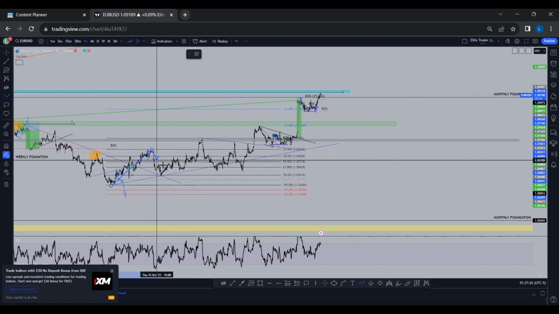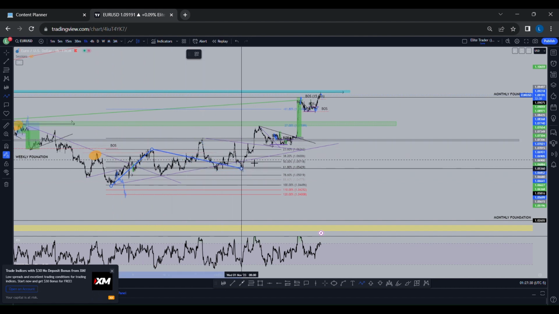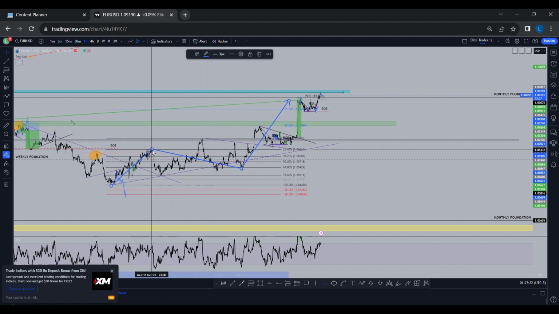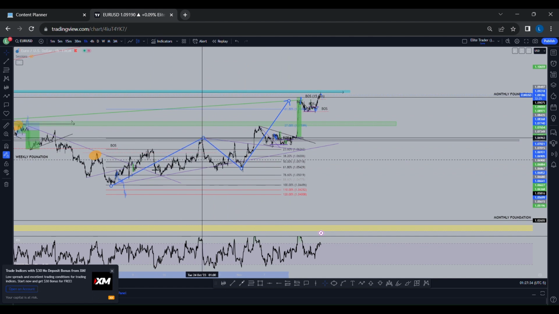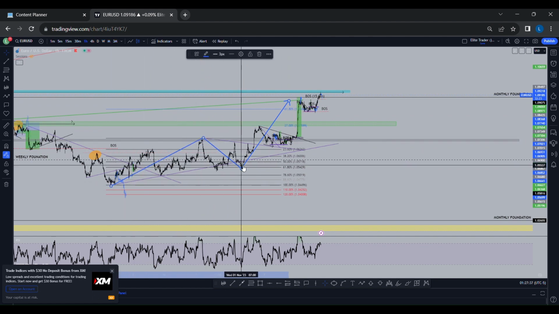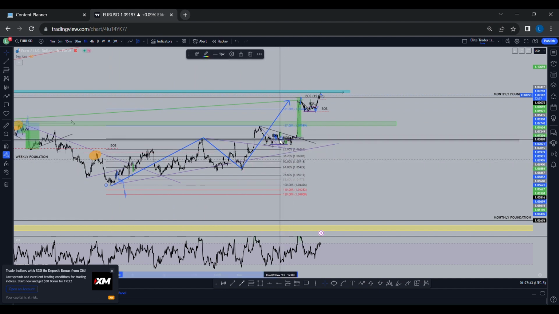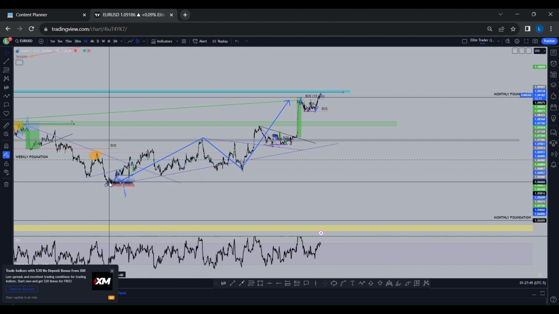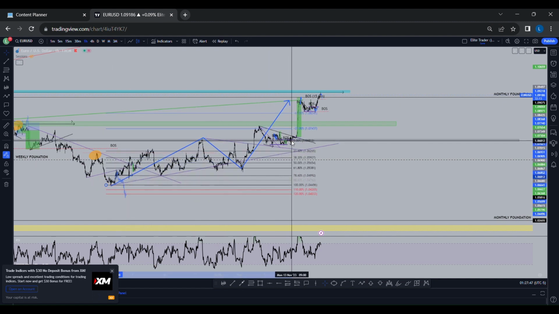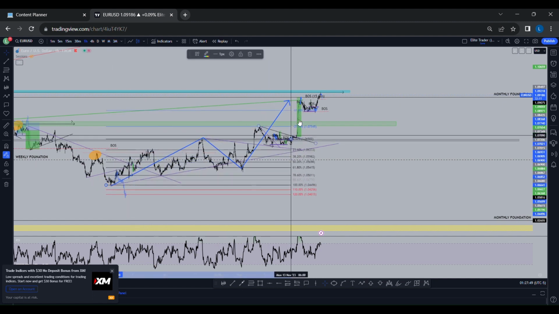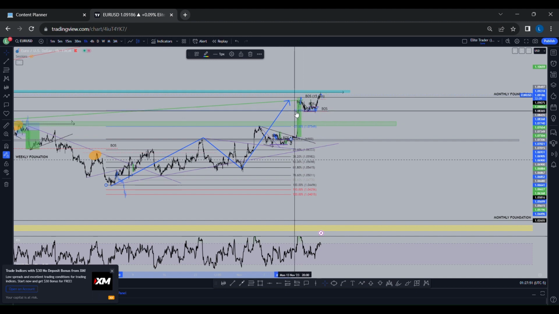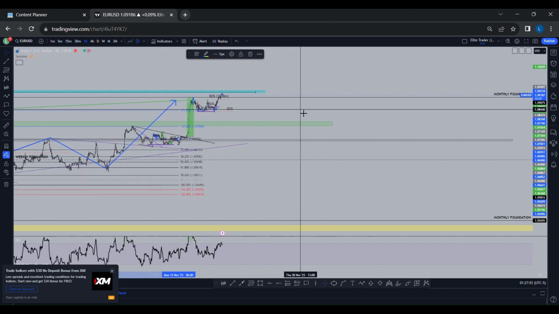So that's when I drew my fib from point A to point B, and this is my point C. So this is point A, point B, point C, and this was my overall continuation. Let me just show you guys this fib. This was my point A, this was my point B right there, and it hit my 61.8.